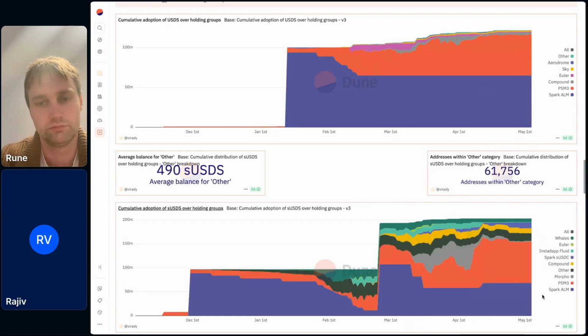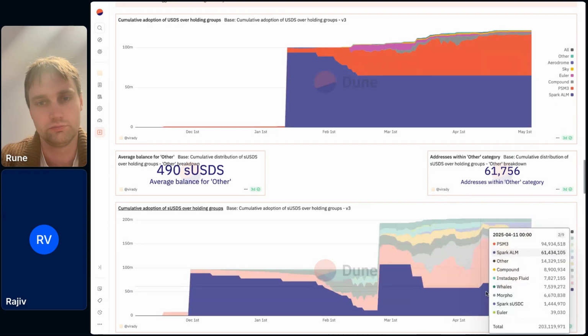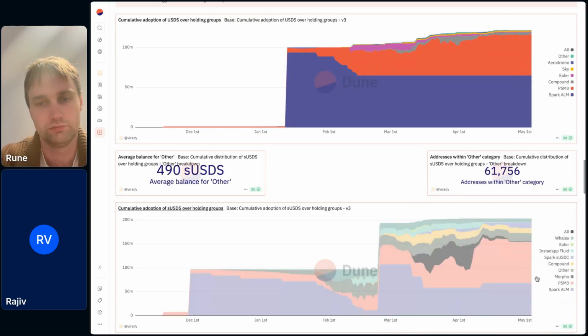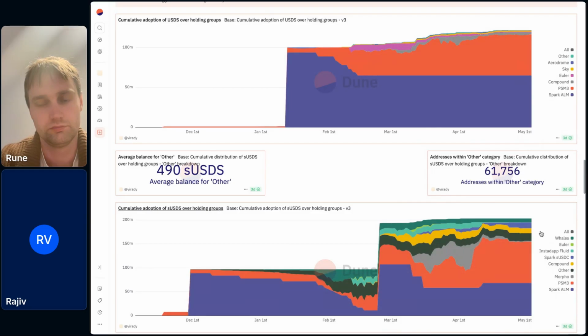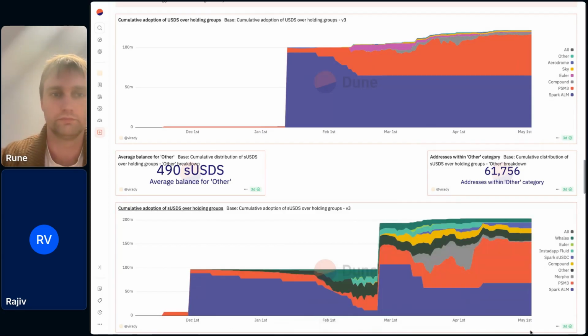It's then redirected to the PSM, and as external demand comes in, it comes out of the PSM into the various protocols or integration partners in the market. You can see how that trend has been playing out. Hopefully that answers your question, Rune.